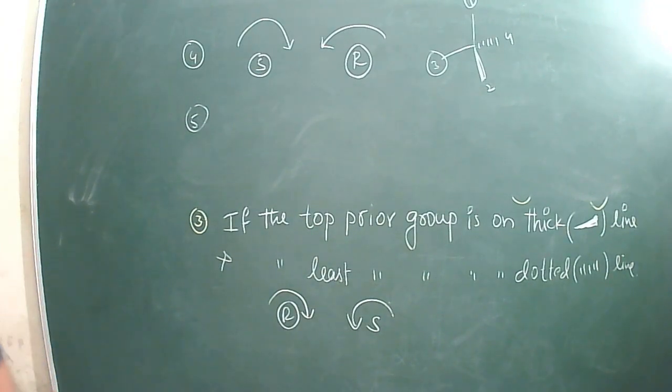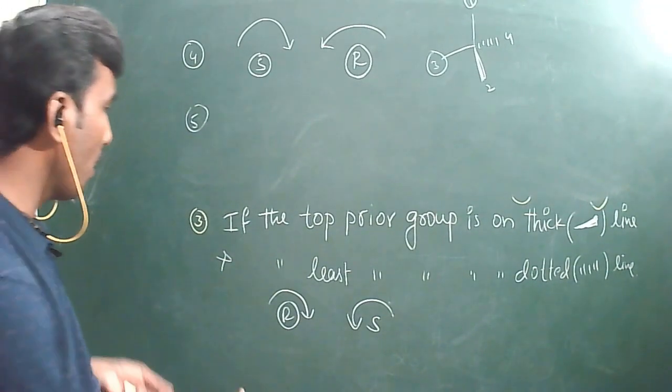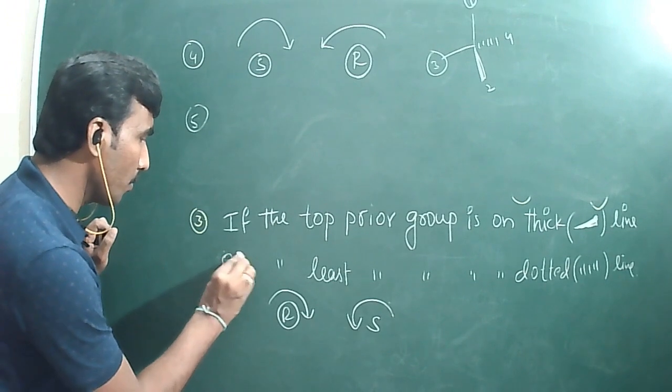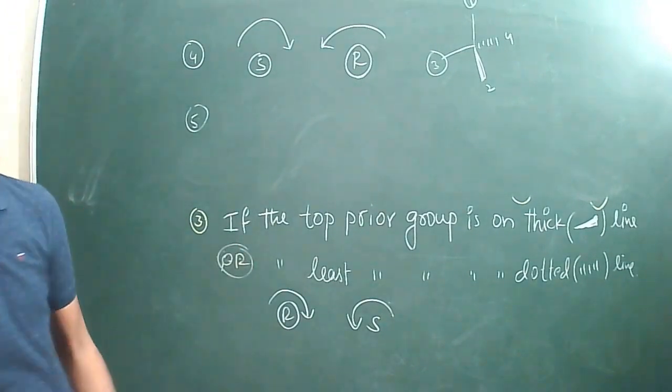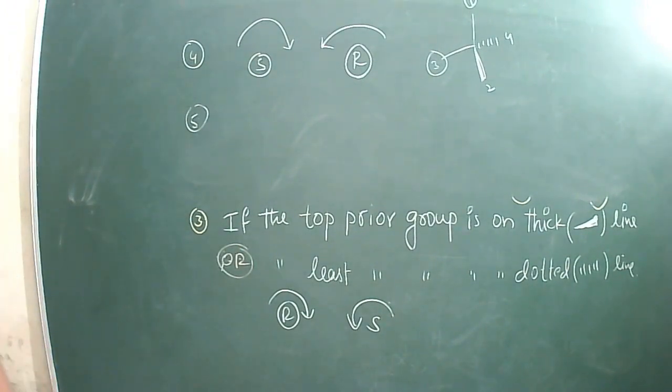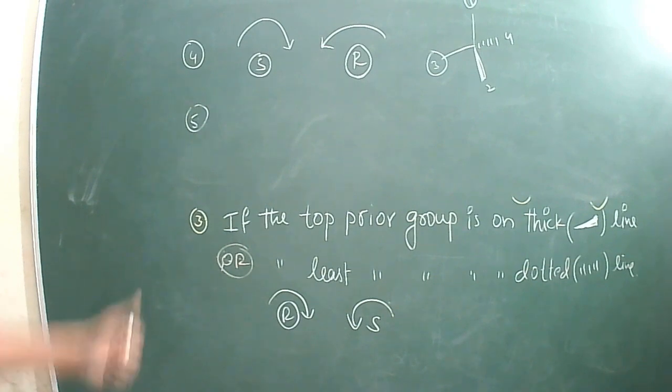If the top priority group is on the dotted line and the least priority group is on thick line. Here R, anyone you have to consider. Copied.